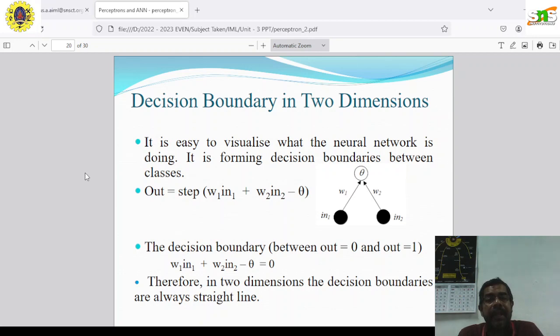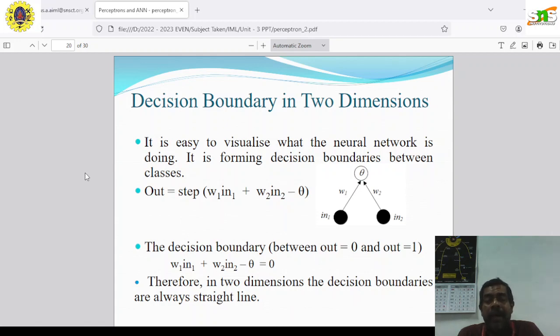So it specifies the decision boundary. The decision boundary between out 0 and out 1 lies where W1 x1 plus W2 x2 minus theta equals 0.